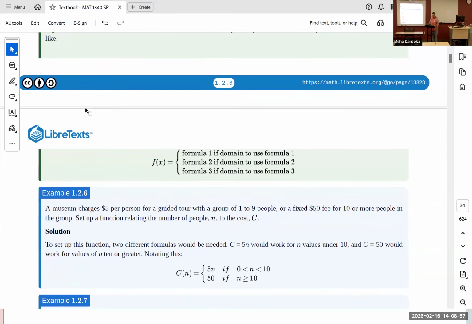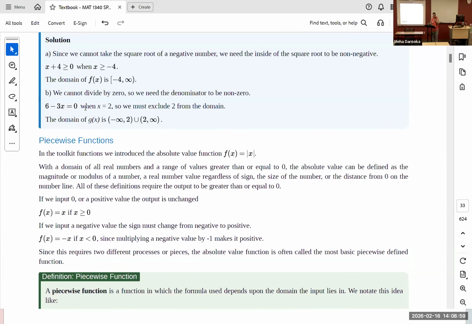Let me see, do they show that here? No. So if I had to rewrite this absolute value function, I would write it as x if x is greater than or equal to 0, and negative x if x is less than 0.